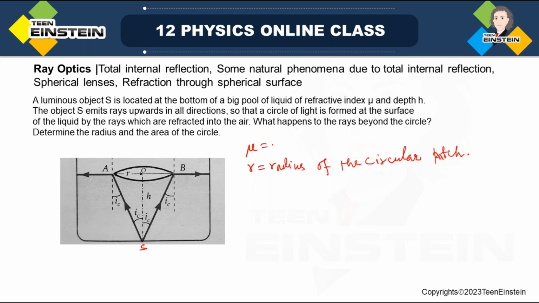H is the depth, and mu is the refractive index of the liquid. Let us not take water by default, maybe it is water, but it is given as liquid. It can be water also, doesn't matter. And h is the depth.